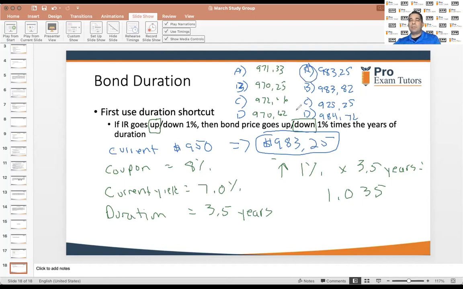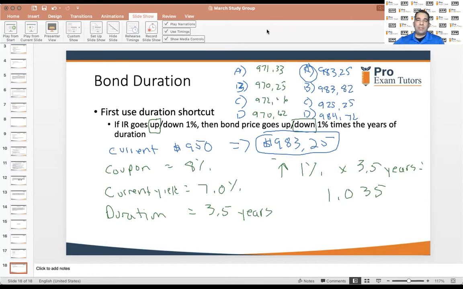So if you use the shortcut, you might wind up answering this, but you've got to do the formula, because in the formula it actually might come out to be 983.82. So they're looking for an exact number on this one.